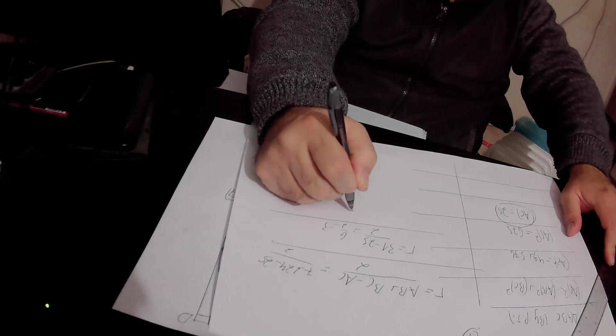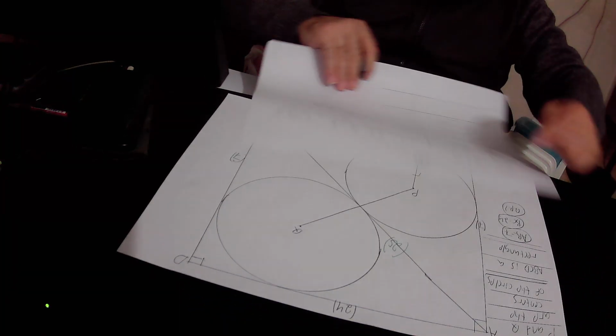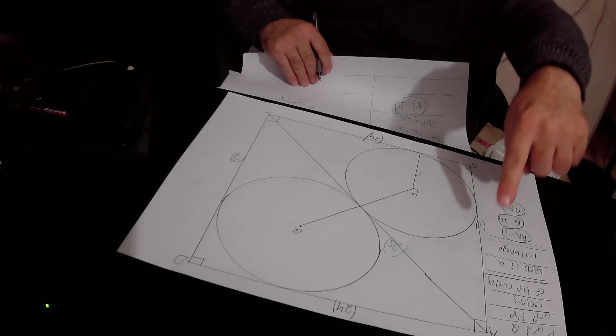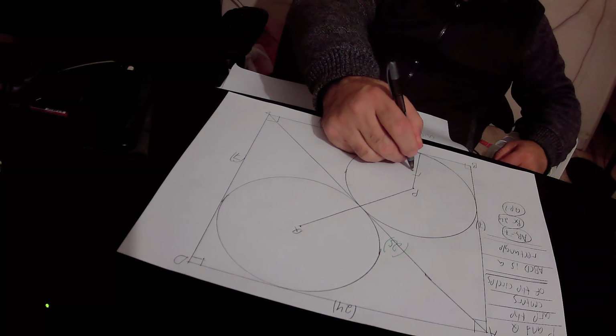So in conclusion, the radius R of this circle that is blocked by the right triangle ABC equals 3 units.